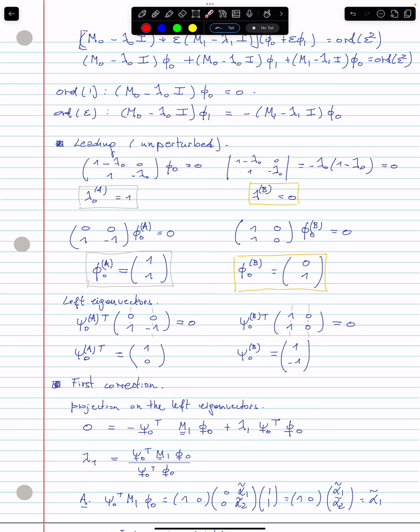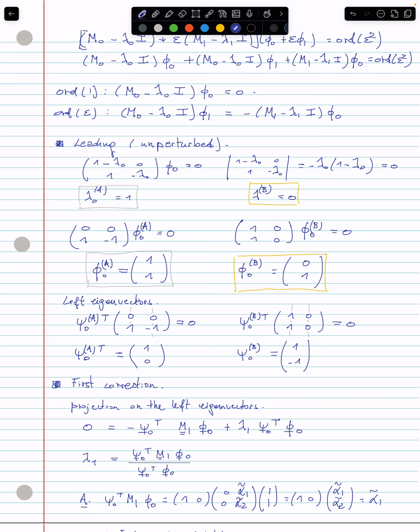We could compute now lambda 1 by projecting this equation on the left eigenvector of this singular matrix. So we are sure that on the right-hand side, there is no component in the direction of this eigenvector. And now we can just solve this equation in order to determine phi 1, at least up to a certain constant, which is proportional to the leading order over there.